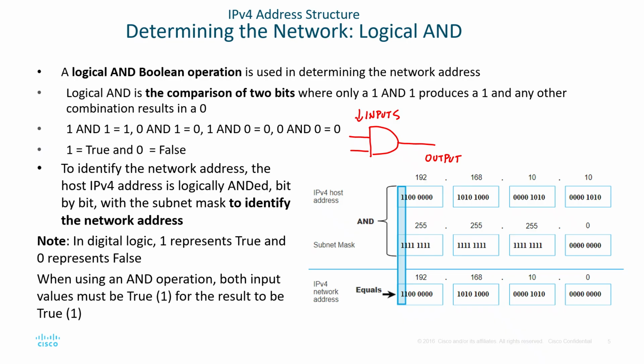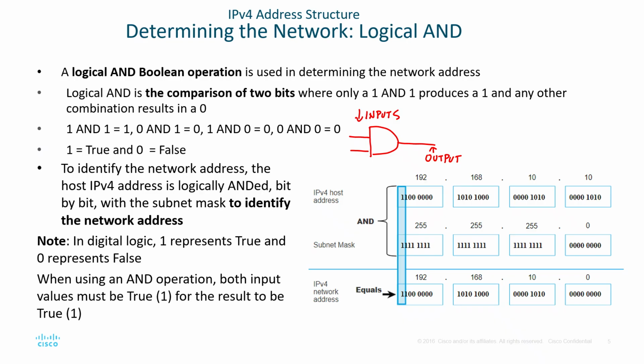And the only way that I can get a 1 as a result is if I have a 1 and a 1. So, logical AND Boolean is used to determine the network address. A logical AND is the comparison of two bits where only a 1 and a 1 produces a 1. Any other combination results in a 0.